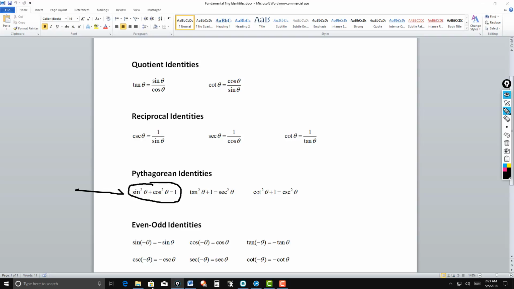Okay? How could we do that? Well, one way we could do it is say, well, let's divide both sides by cosine squared of theta.